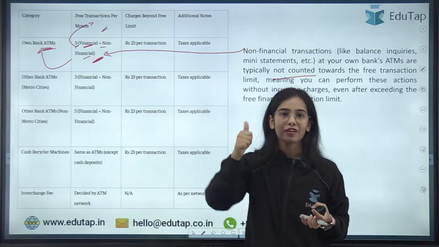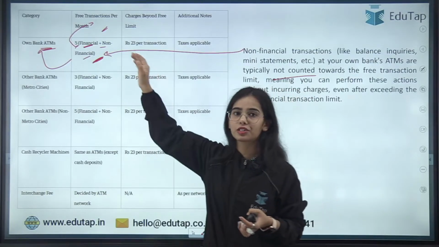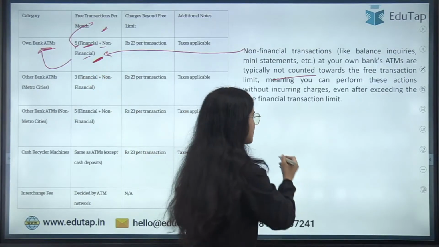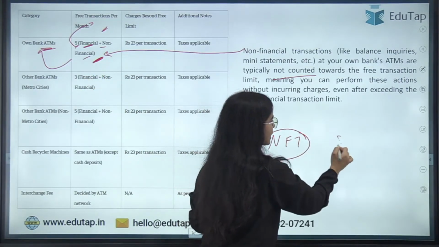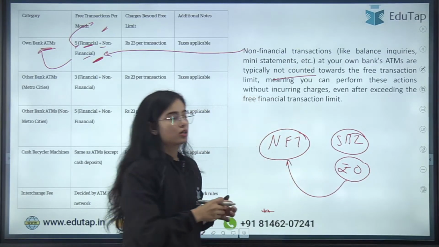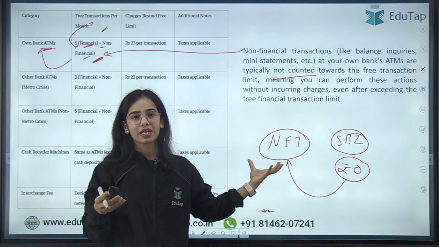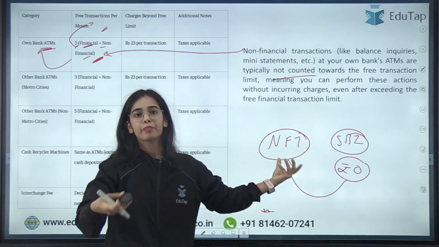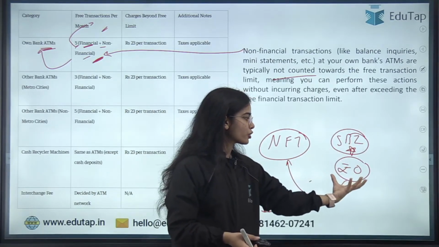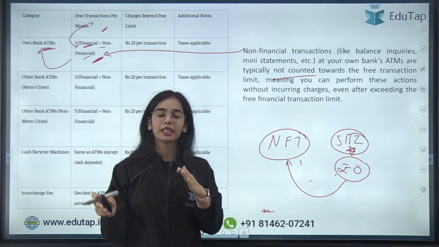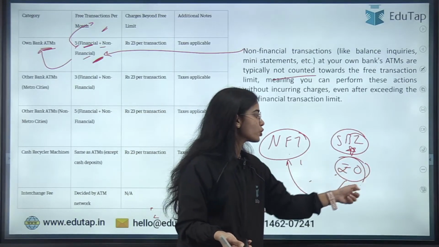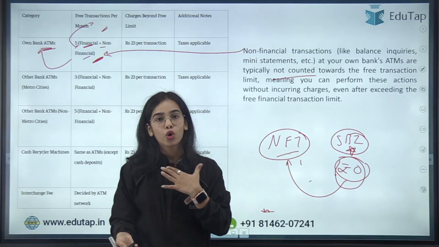Okay, now I went to the SBI website and I found that this is true: for non-financial transactions of the same bank, the State Bank of India was charging 0 rupees. So SBI, on its own cards, was charging ₹0 for non-financial transactions, and similarly I went to the HDFC Bank's website and they were also charging 0 rupees for non-financial transactions from their own bank account.